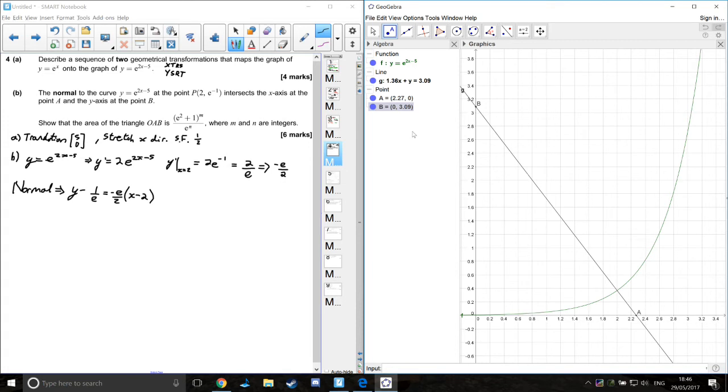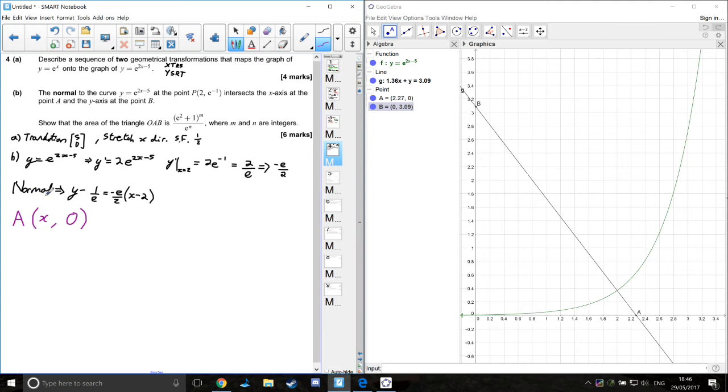It wants it in exact format, so I can't use any decimals in this. That's going to be useless. So if I want the x-axis, point A, that is when y is equal to 0, but I don't know what x is.